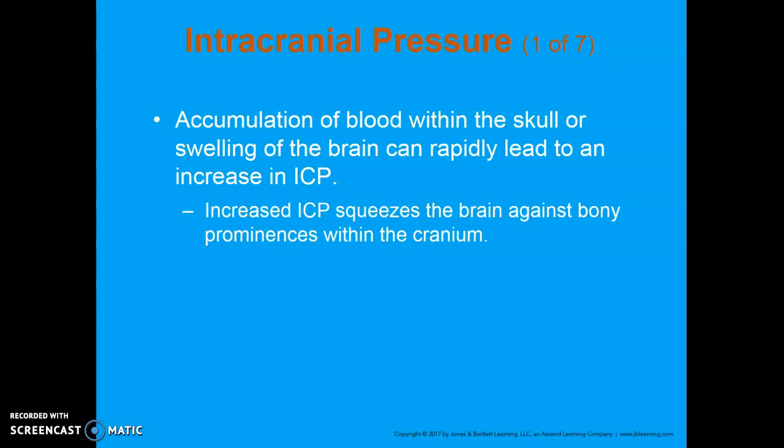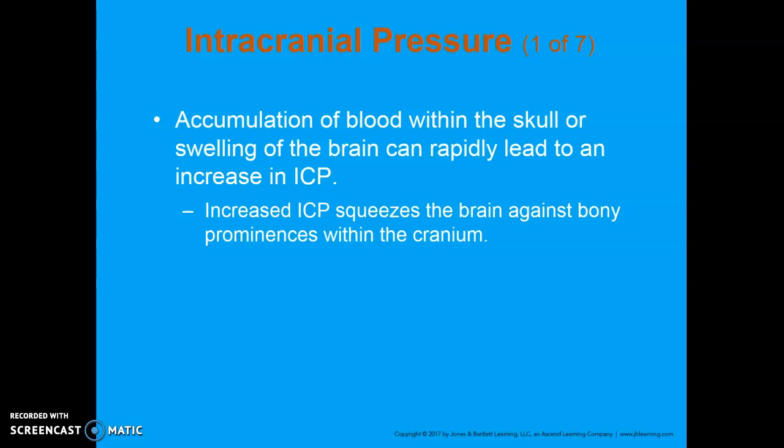Intracranial pressure is an accumulation of blood within the skull or swelling of the brain that ends up increasing the overall pressure within the cranium. That extra pressure ends up squeezing the brain against all of the bony prominences within the cranium because there's just not a whole lot of wiggle room, and it has to go somewhere.